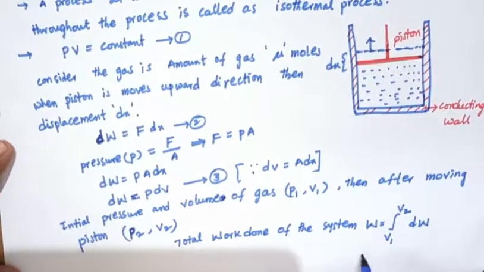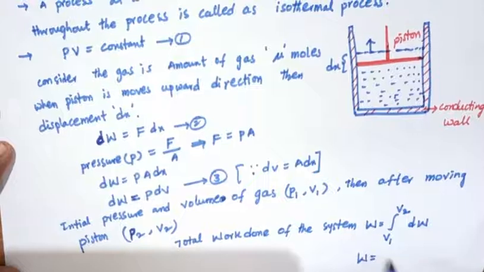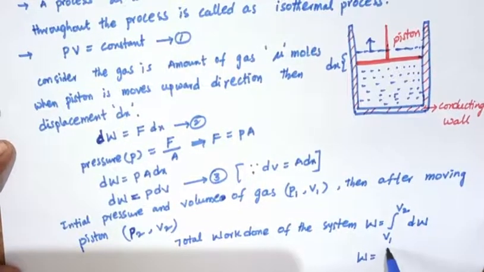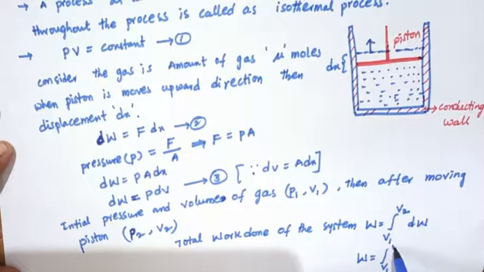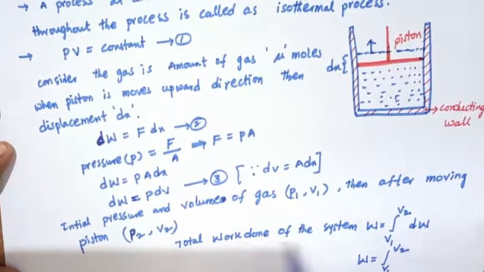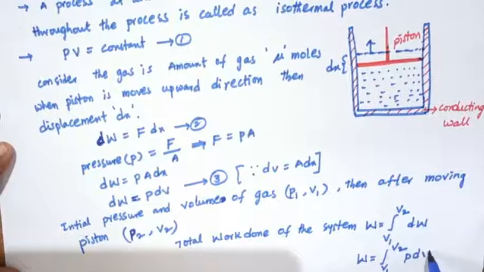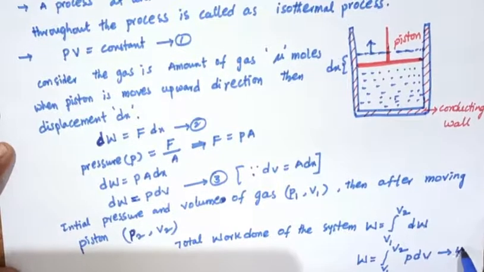Okay, so then W equals integration of V1 to V2. dW is nothing but, from equation number 3, P dV. So it is equation number 4.